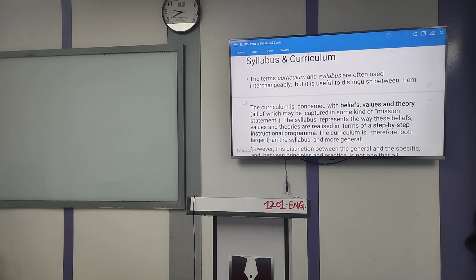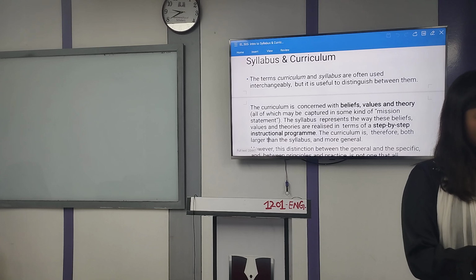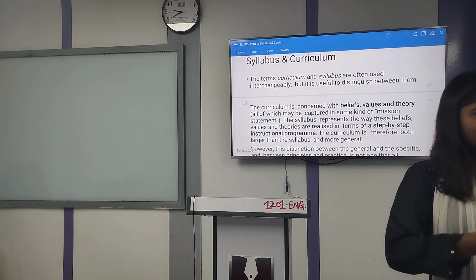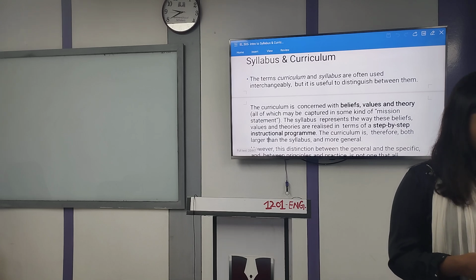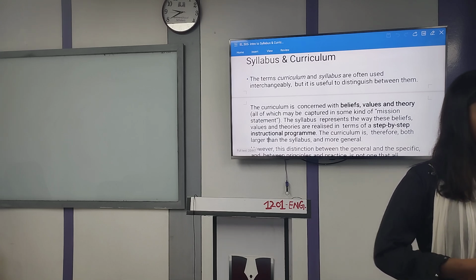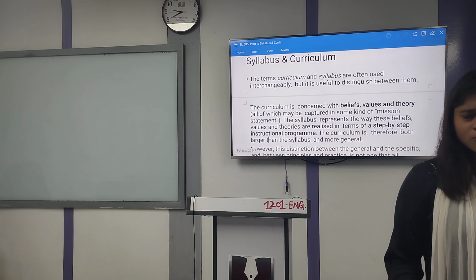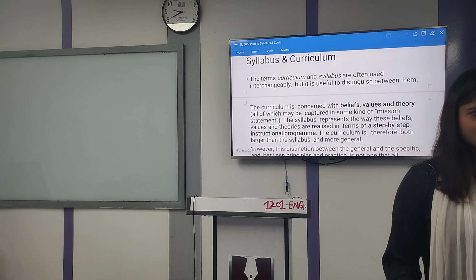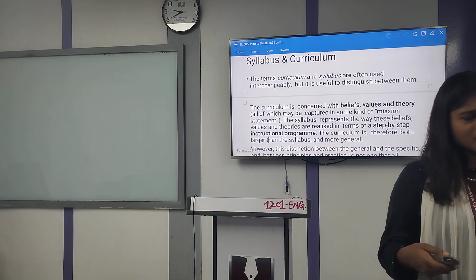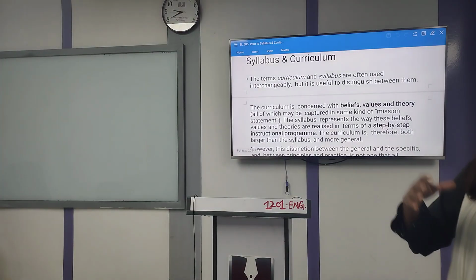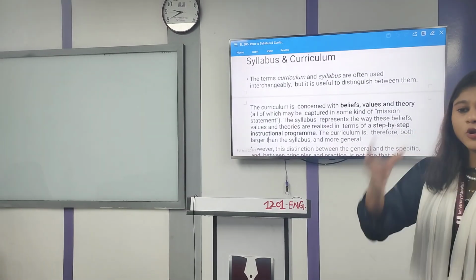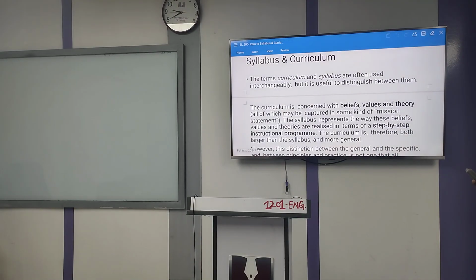Don't you think the syllabus is just a process, which content you are going to read and what kind of interaction there will be, or marks distribution? Specific, but curriculum is broader than that, right? Take the vocational curriculum, technical education in Bangladesh; that is also a curriculum. When they break down from the syllabus it is specific, but curriculum is broader, more general. And syllabus is specific.